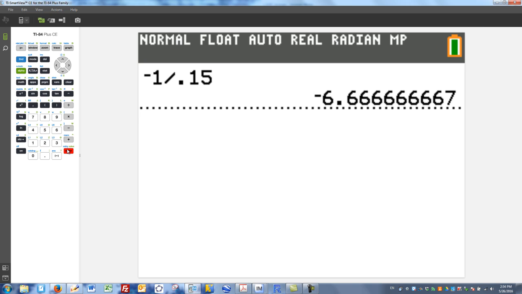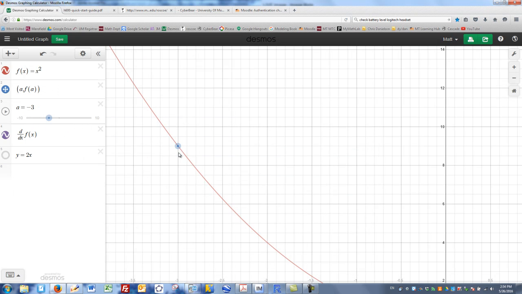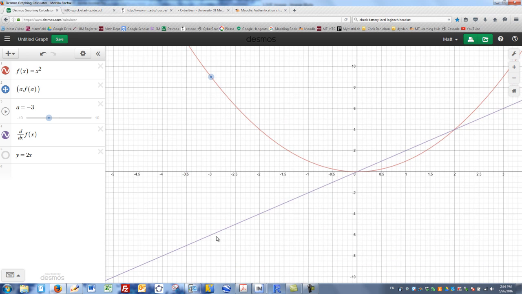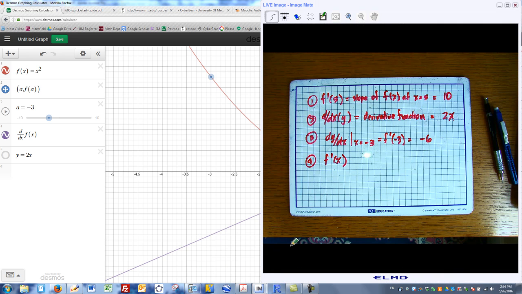I get roughly negative 6 3/4, so maybe I'm a little bit off in my measurement, but it seems to be in the ballpark for a slope of negative 6, and surely the derivative function seems to be reporting that at 3 the slope is indeed negative 6. So I'm going to use negative 6 as my answer there.